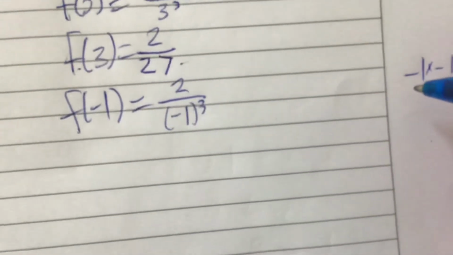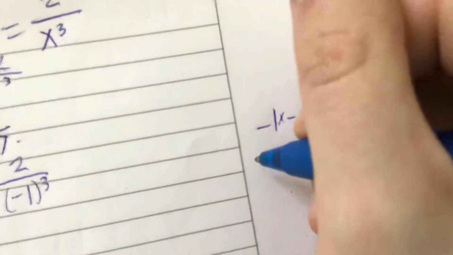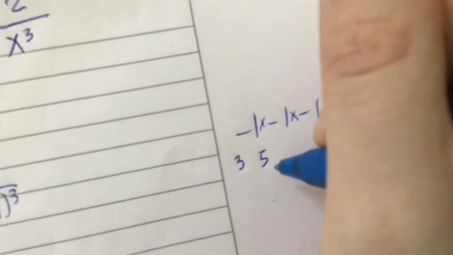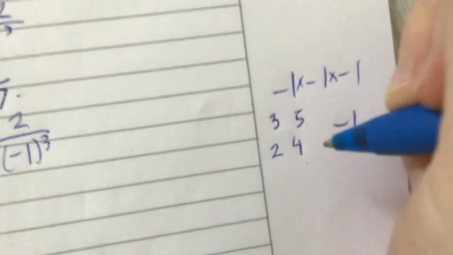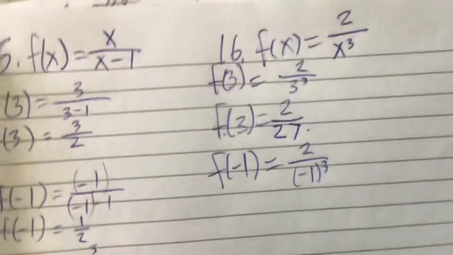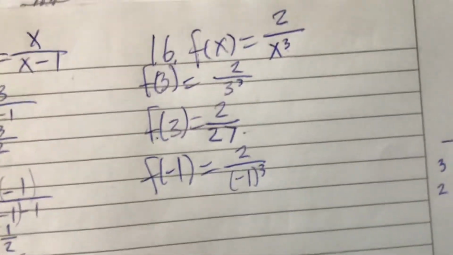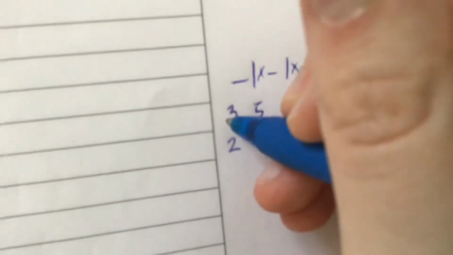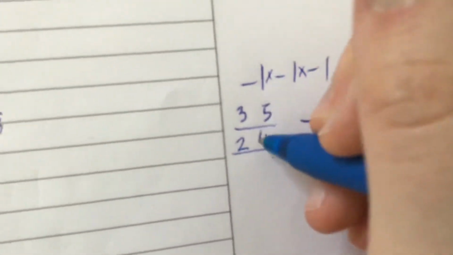Pretty much the general rule of thumb is if you're doing an exponent from a negative number and it's a 3 or a 5, it's still going to be negative. But if it's a 2 or a 4 or an even number, it's going to be positive. At least I'm pretty sure. I don't know. You could get a really crazy number of exponents out there, but I'm pretty sure it's consistent with the idea of being odd or even.